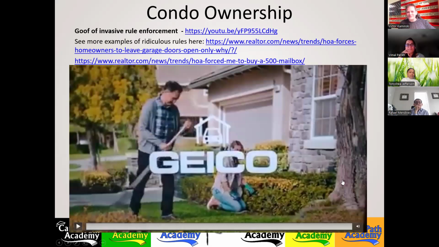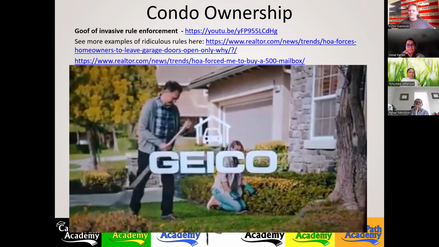Yeah, some of these condo associations, you get these people, they walk around with their clipboards like that, looking for violations of rules so that they could give you fines or penalties. This lady, she's out there cutting down your mailbox with a chainsaw because it's 2 inches above regulation in its height. Oh, man.